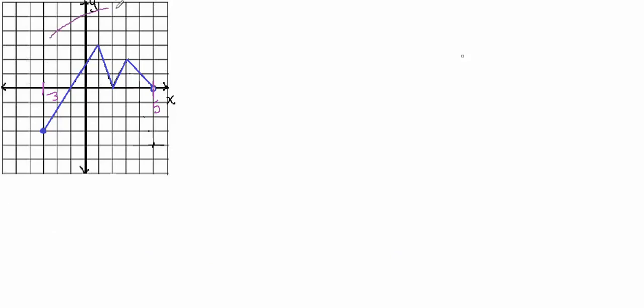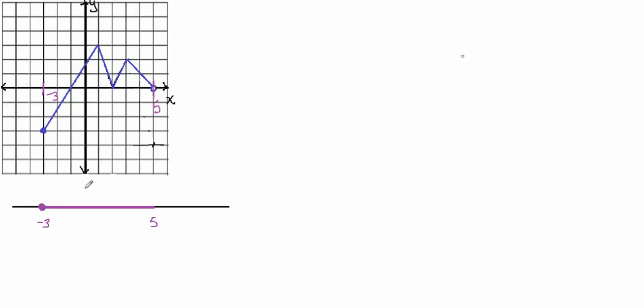If you look in between -3 and 5, you've got graph in that area. However, if you look to the left of -3, there's no graph over there. And if you look to the right of 5, there's no graph over there. So that is not part of the domain. And the domain of this relation is the entire interval from x equals -3 to x equals 5.